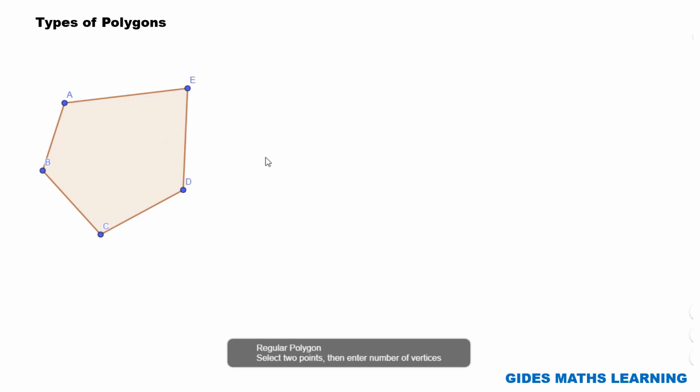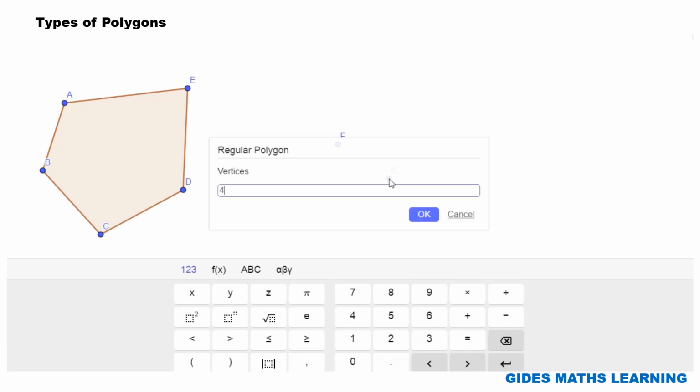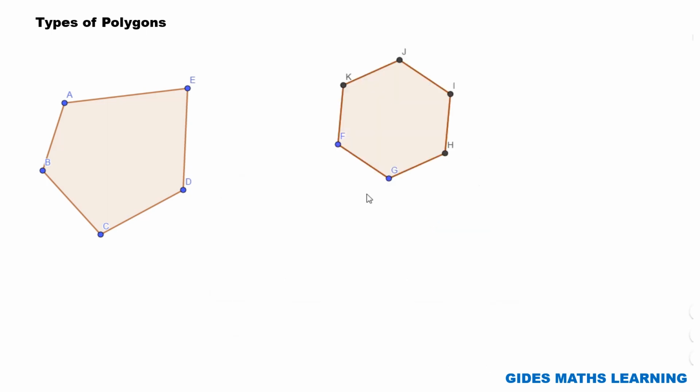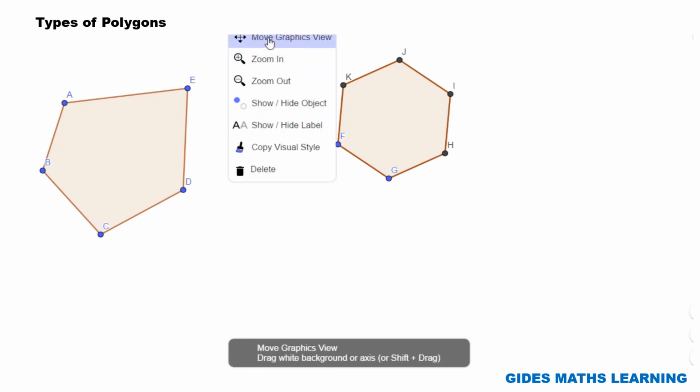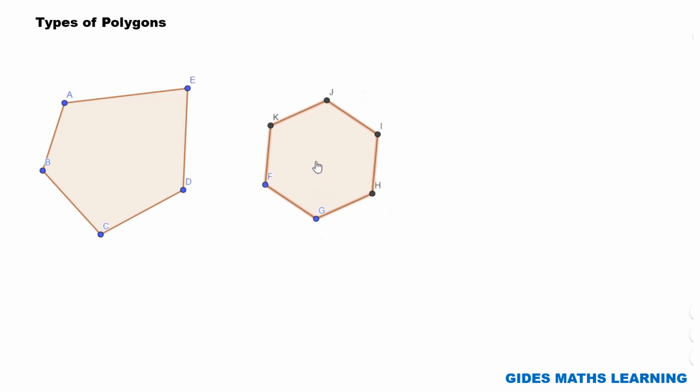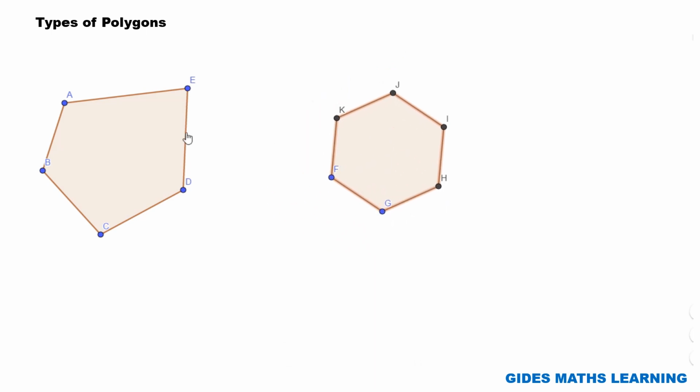We have a pentagon. Let's get another one. Hexagon. Hexagon has 6 sides. Now let's look at the interior angle of each of these polygons.